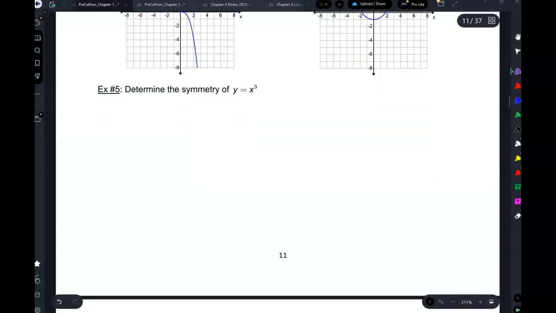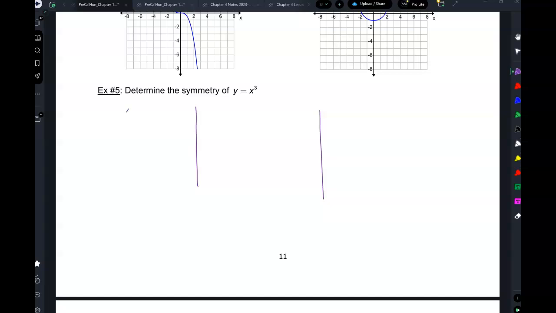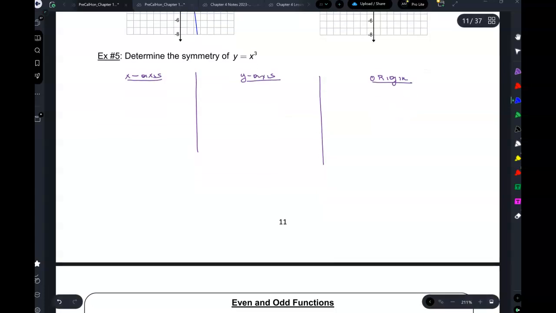Okay, now if you're given a function, you gotta show work, right? So you want to divide your workspace into 3. You're going to look for symmetry around the x-axis, the y-axis, and the origin. For the x-axis, you want to switch y into negative y.